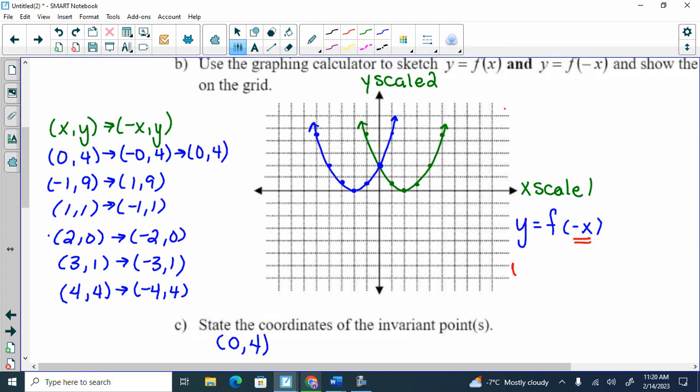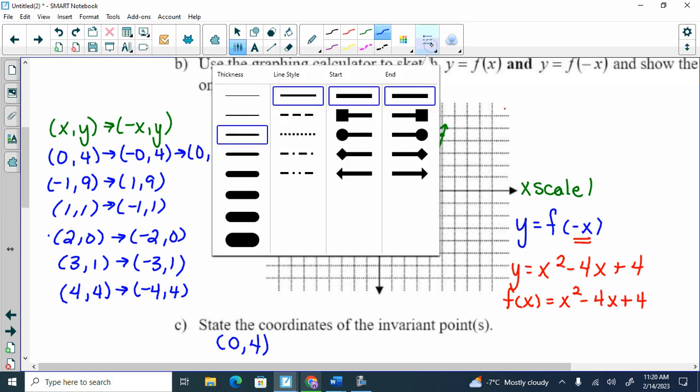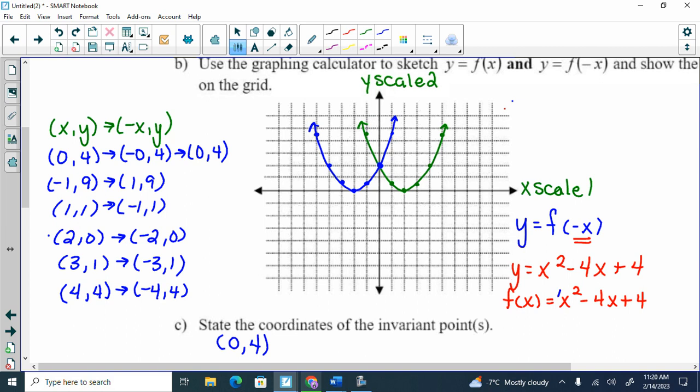So the original equation is y equals x squared minus 4x plus 4. Or we could say f of x equals x squared minus 4x plus 4. Now for every x, instead of having an x here and an x here, I'm going to rip those x's off the board. I'm going to throw them to the side, and I'm going to replace them with negative x.